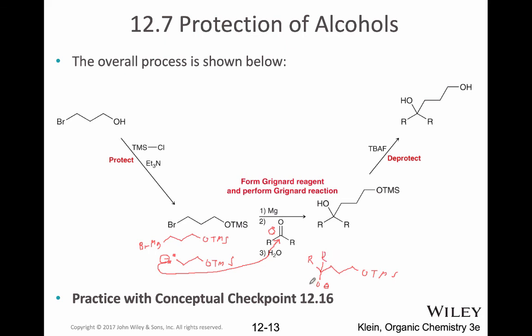And then I'm going to protonate the O- with water to give me my alcohol, okay? And then I can deprotect with TBAF to give me my diol. So this is another way to make diols, right? By using these protected bromo or chloroalcohols.